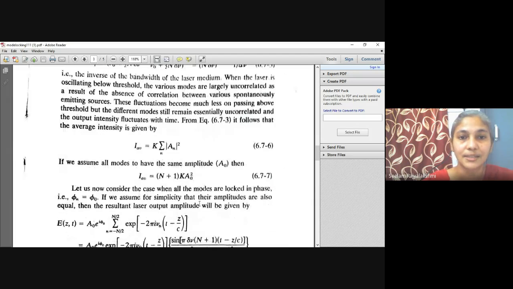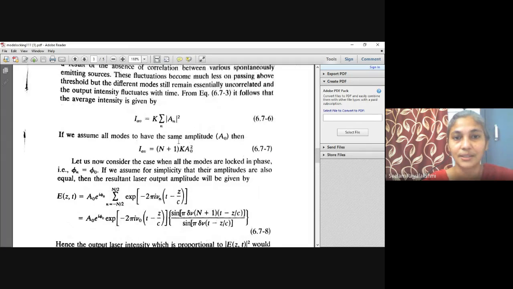Let us consider the case when all modes are locked in phase. All modes have the same amplitude, and another condition: all the modes are locked in phase, that is phi n equals phi naught.